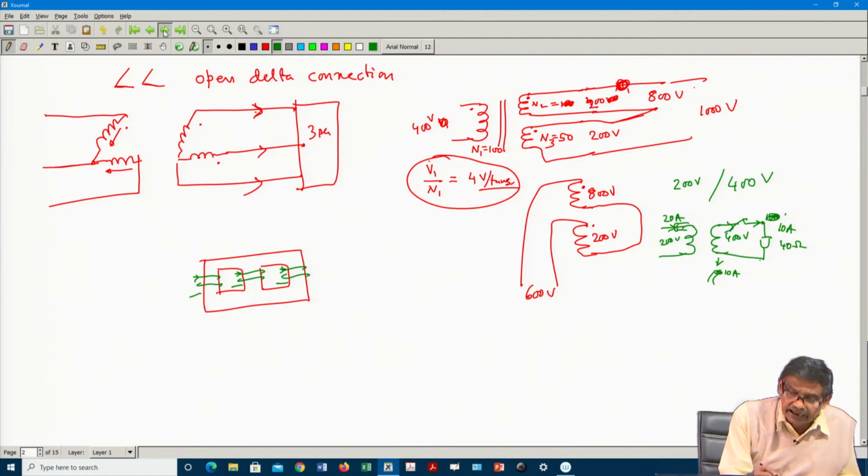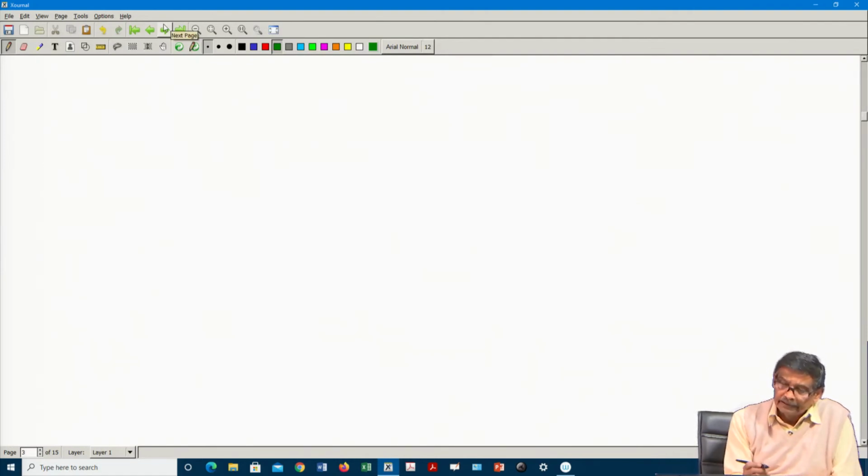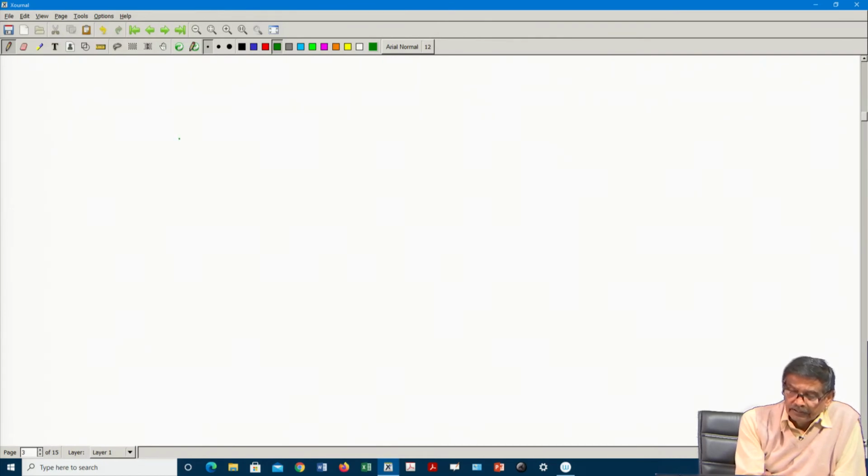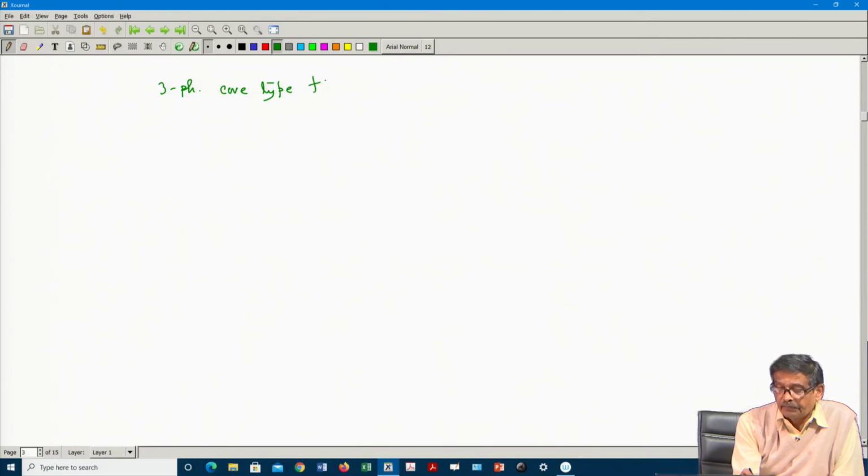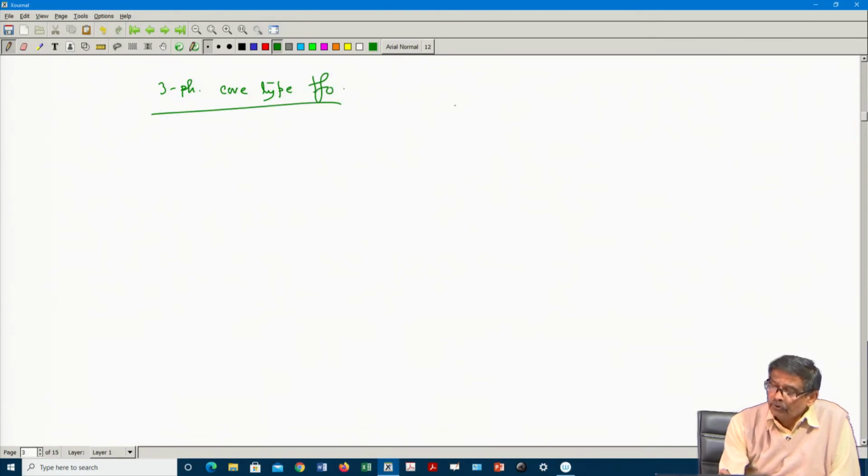Now, the idea is like this. In the case of 3-phase transformers, we have the 3-phase core type transformer. There are 3 limbs. So it is like this.